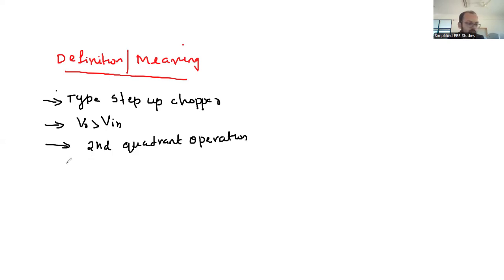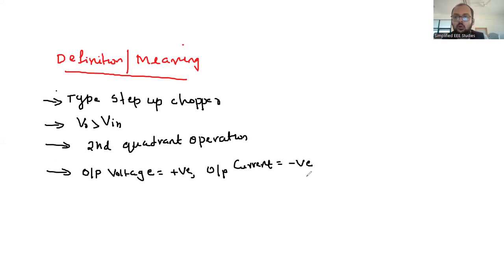Also, if I talk about the output voltage, it will always be positive, whereas the output current will be negative. Why? Because it's operating in the second quadrant.